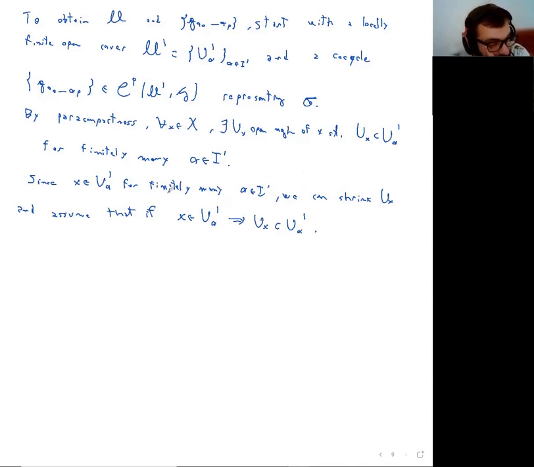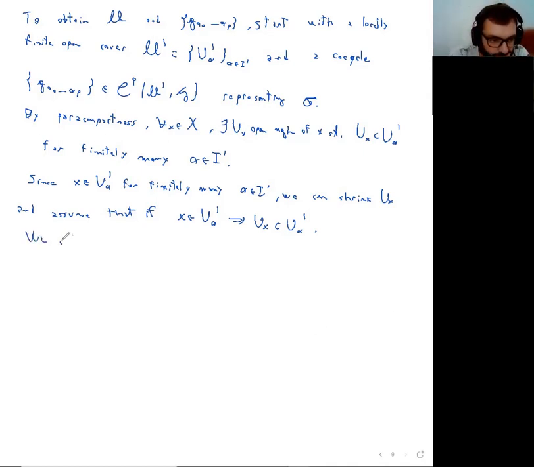So, I mean, simply you can say that, okay, this x is in only finitely many of these open sets. I take a neighborhood of this point, this U_x, and then I simply intersect it with all these U alpha primes. Right? And I take that as my neighborhood of x.